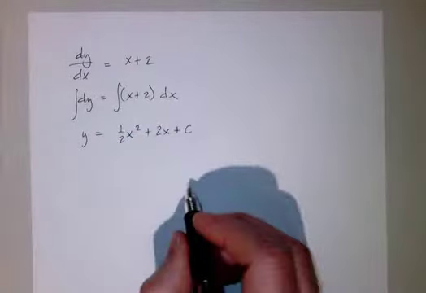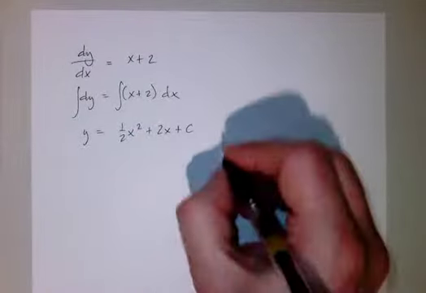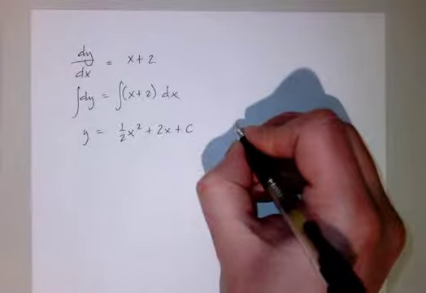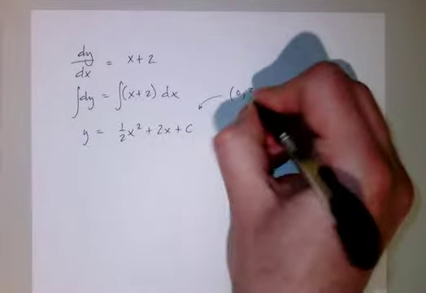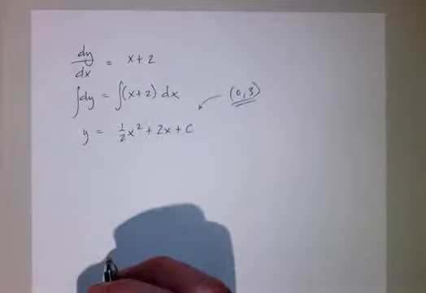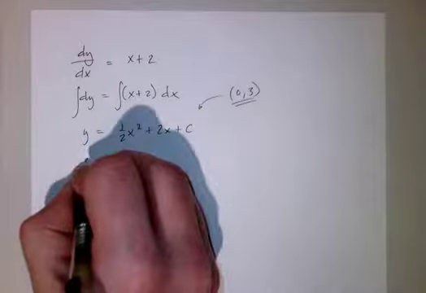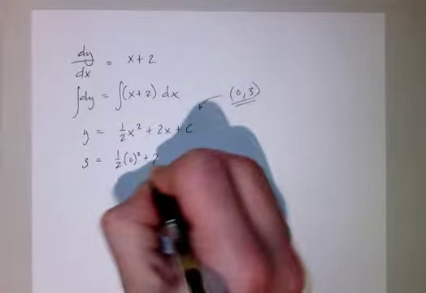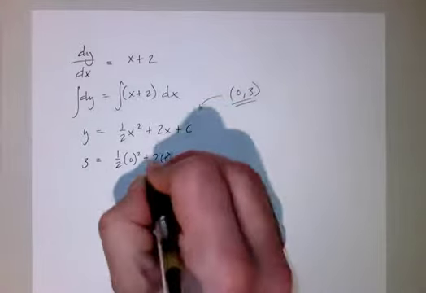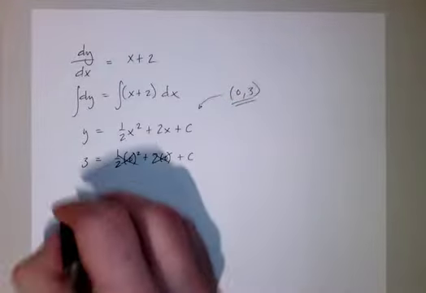Now remember, that plus c would be kind of annoying, but my initial condition of (0, 3) is going to enter in there and actually help me solve for that c value. So 3 is equal to 1/2 times 0 squared plus 2 times 0 plus c. Those both cancel out. So c is equal to 3.